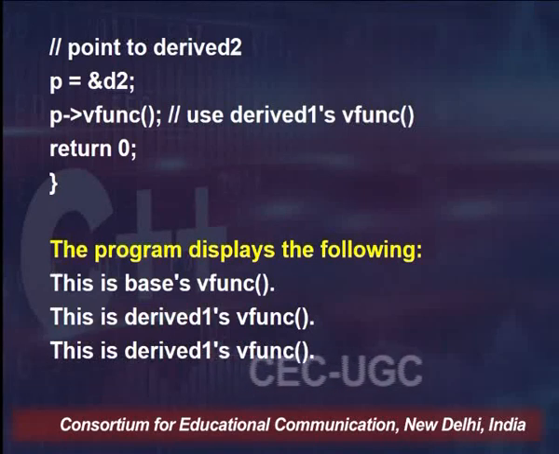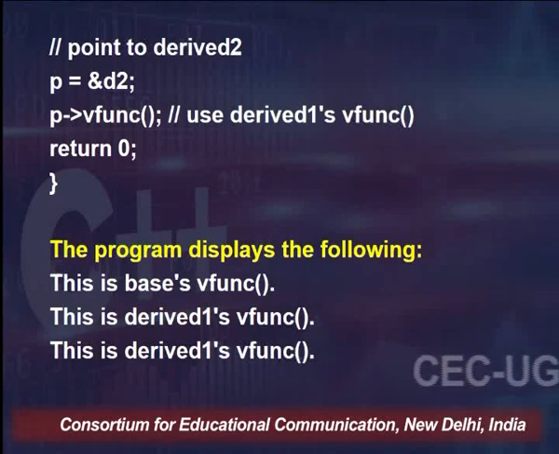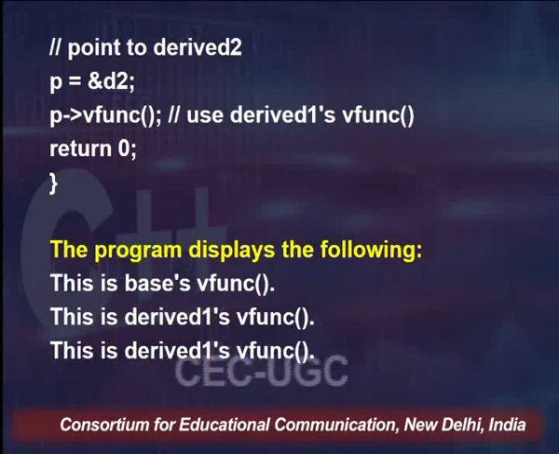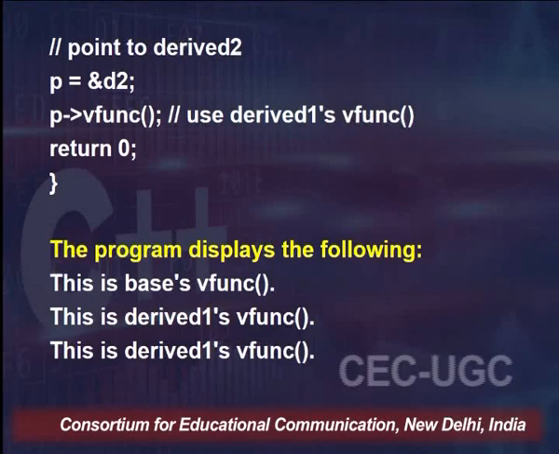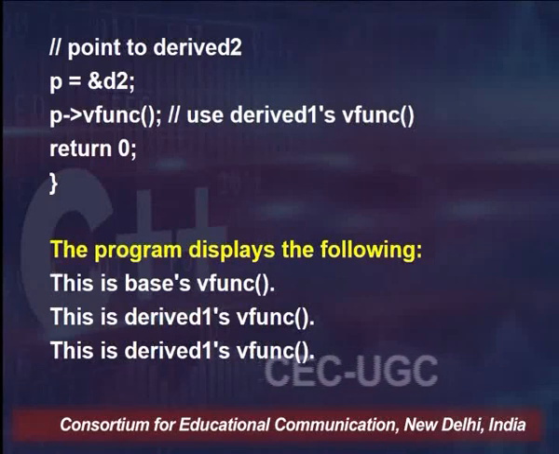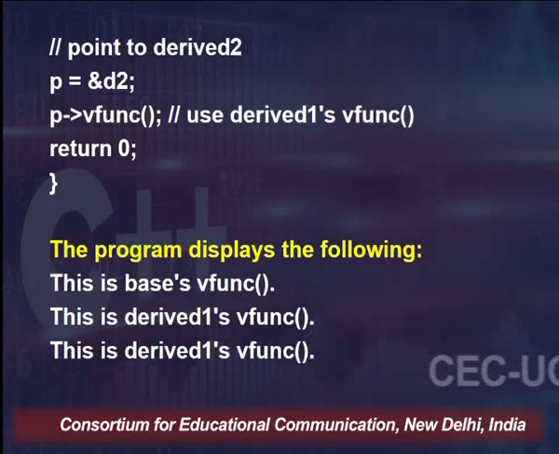Derived 2, if you recall the definition, is inheriting derived 1. It is not inheriting the base class, it is inheriting derived 1. So here derived 1's version of VFunc will be accessed.